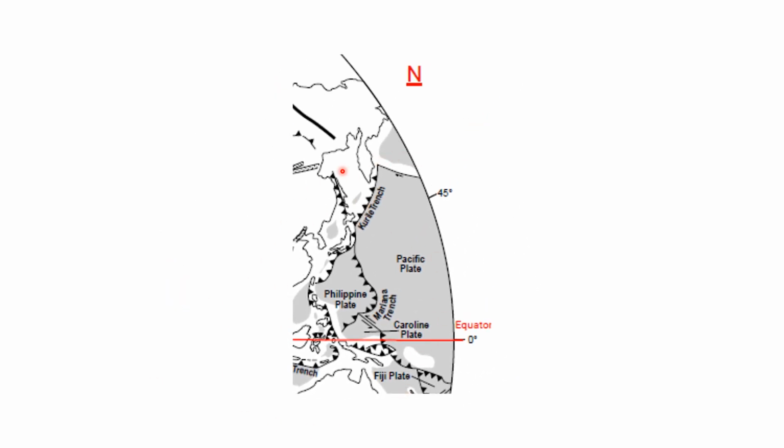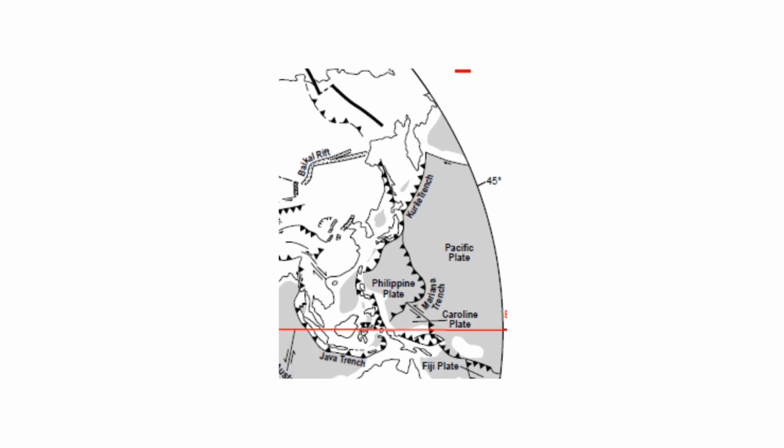Here are some examples of convergent plate boundaries: the Pacific plate and Philippine plate interactions here. We have convergent plate boundaries right here with the tallest mountains in the world, where two continental plates collide in India and Eurasia.